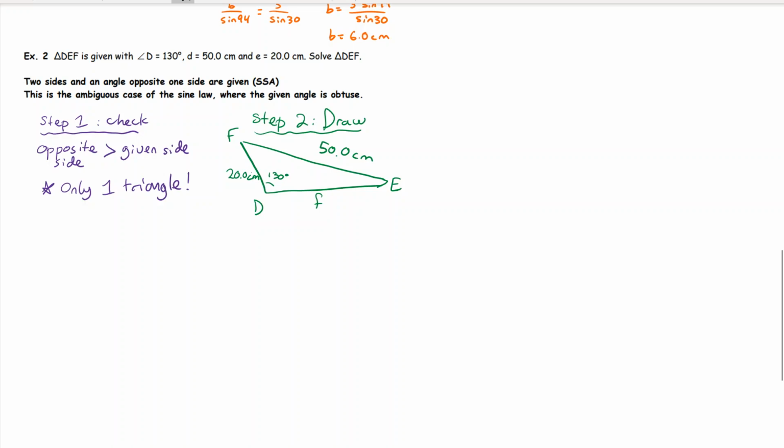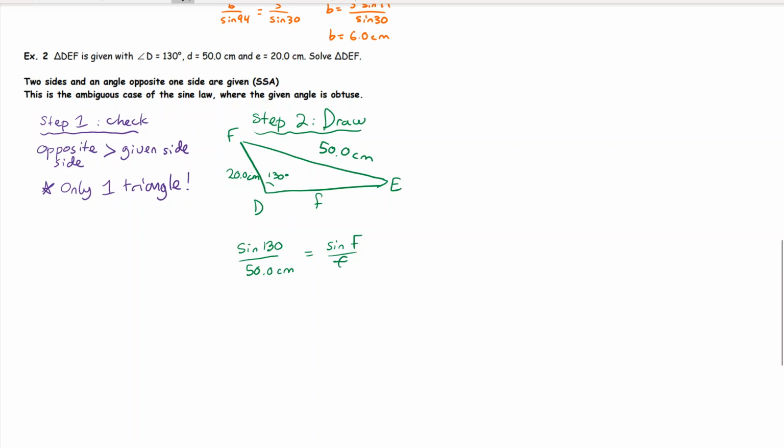So if I'm trying to find this, I'm going to want to use sine law because I have an opposite angle and side, right? So I'm going to say the sine of 130 divided by 50 centimeters is equal to the sine of F. Oh, I can't do F yet, right?